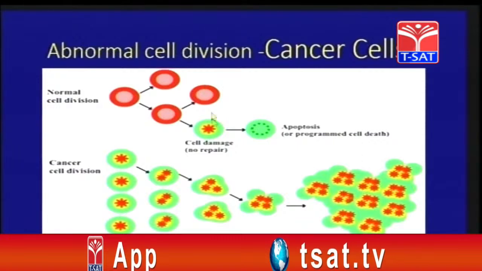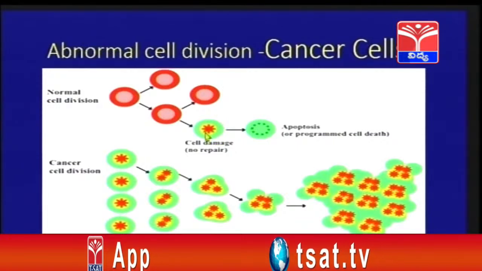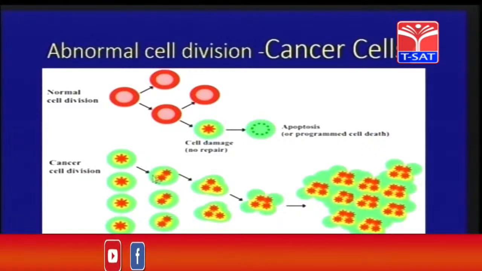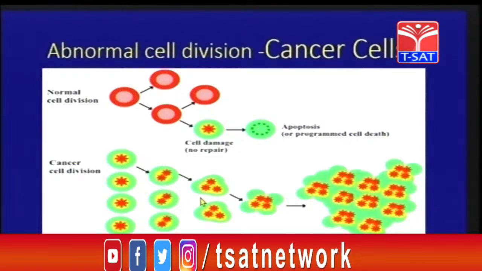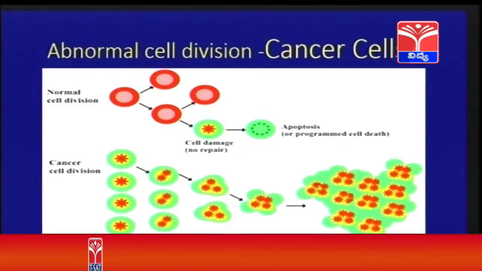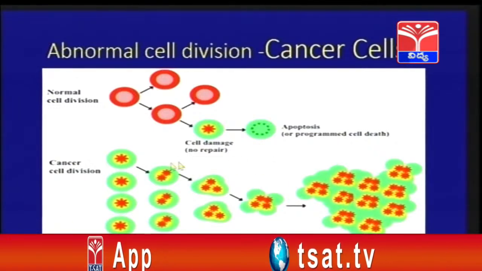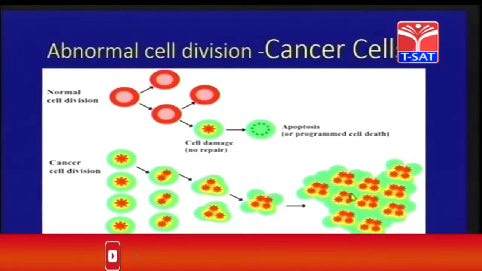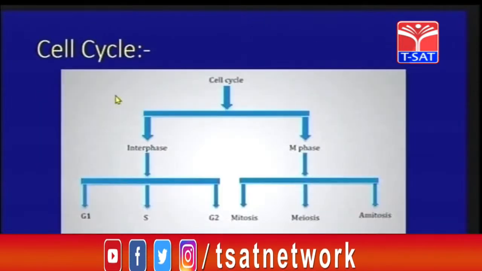This cell has to produce 2 cells, but when it comes to here, the cell is producing a number of cells and it does not have any mechanism to stop the cell division. As a result, the organism undergoing this abnormal cell division will create tumors, and this will eventually lead to the death of the host.